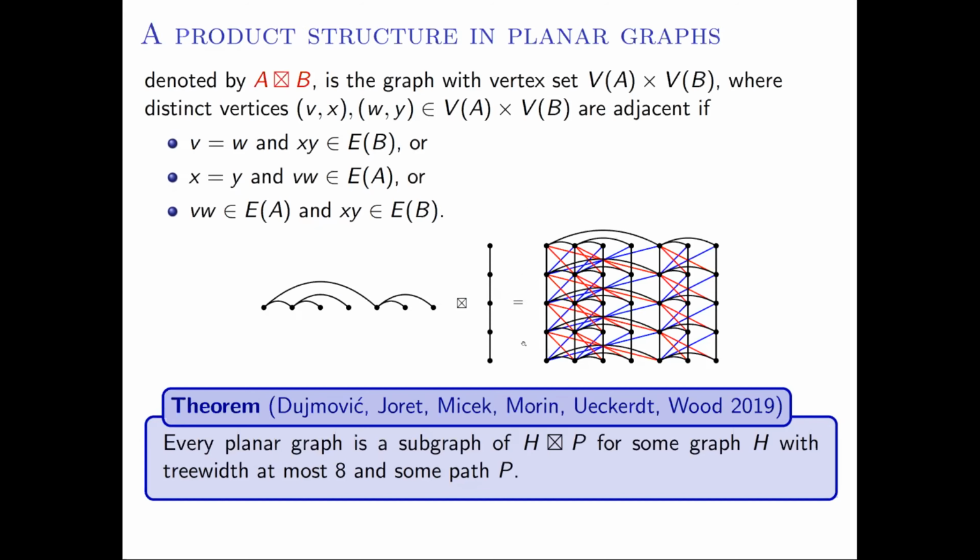So if you want to use this theorem, the only thing we need to prove is that whenever you take the strong product of a graph of bounded tree width and a path, the non-repetitive chromatic number is bounded. Right? This is the only thing that we need to prove, because non-repetitive chromatic number is monotone. Okay, it's not always the case, and you have to be careful, but this is a very important property for using this kind of theorem.